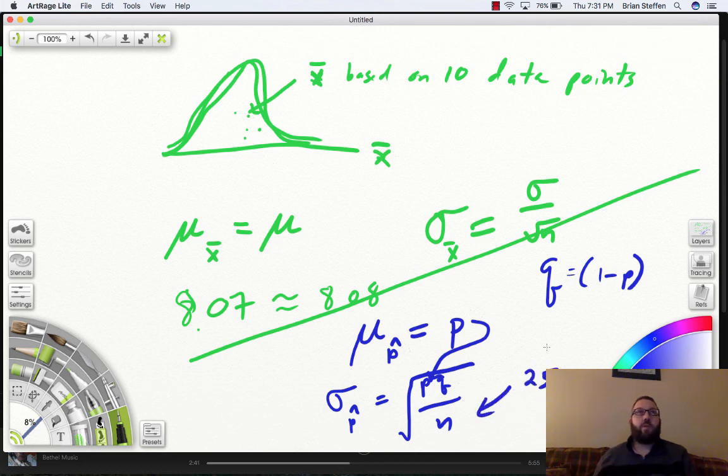That will be the standard deviation of my sampling distribution of proportions. It gets to be a lot of language, so just bear with me as we go along.